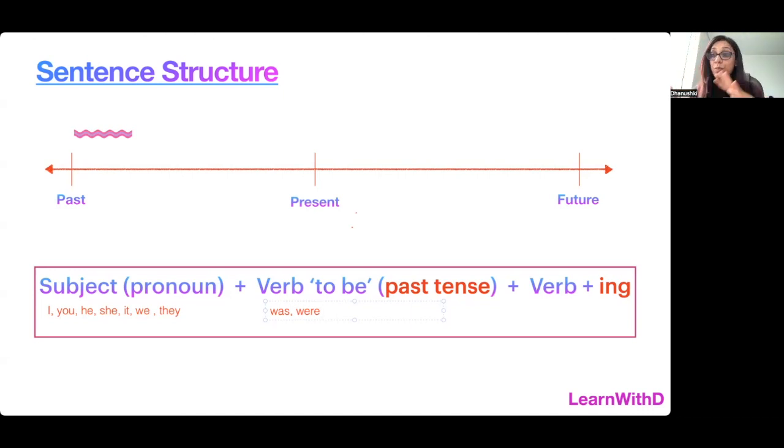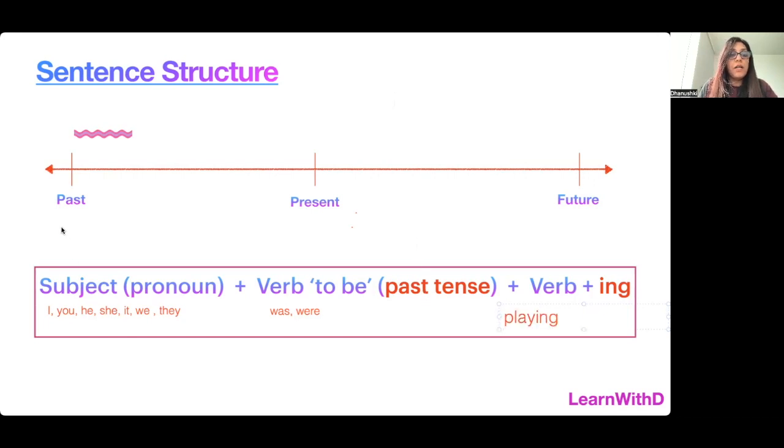You need to know this properly to understand the past continuous, right? Now let's look at a verb, any verb. Let's say play. That's the verb, and as you know, we have to use the ing to make it continuous. So let's do a small example.